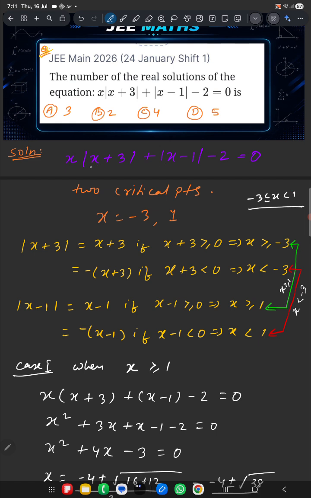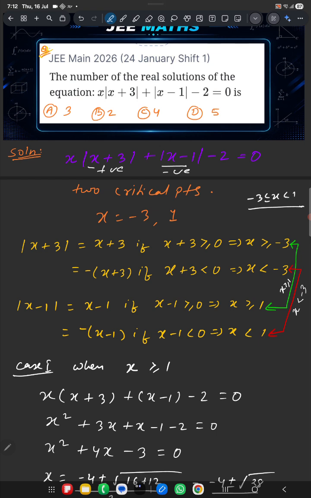What happens here? If you put minus 2 here, this will give you a positive value. Here if you put minus 2, it is less than 1, so it will give you a negative value. Yes or no? So this is positive and this is negative.